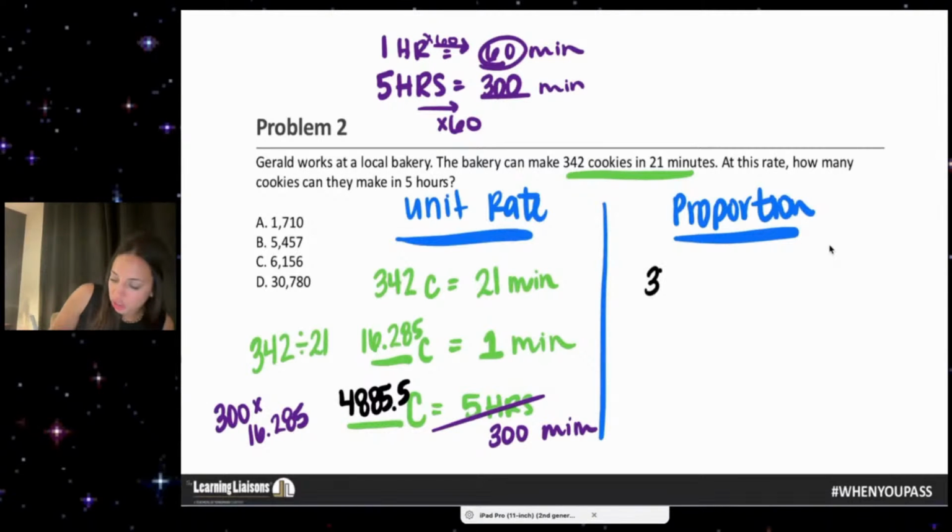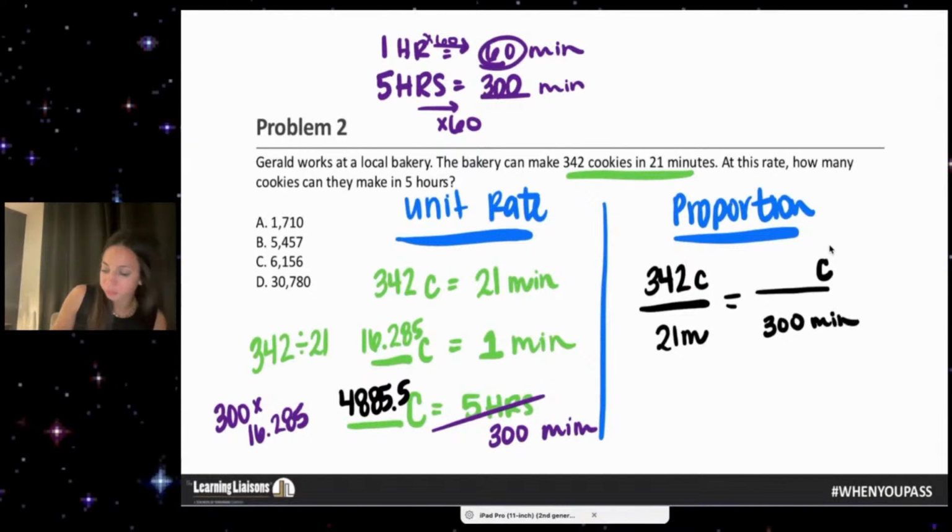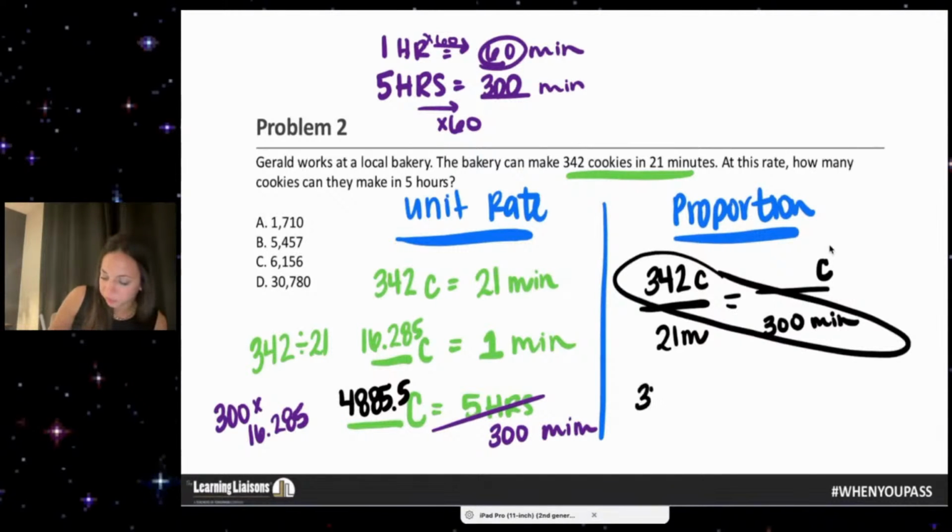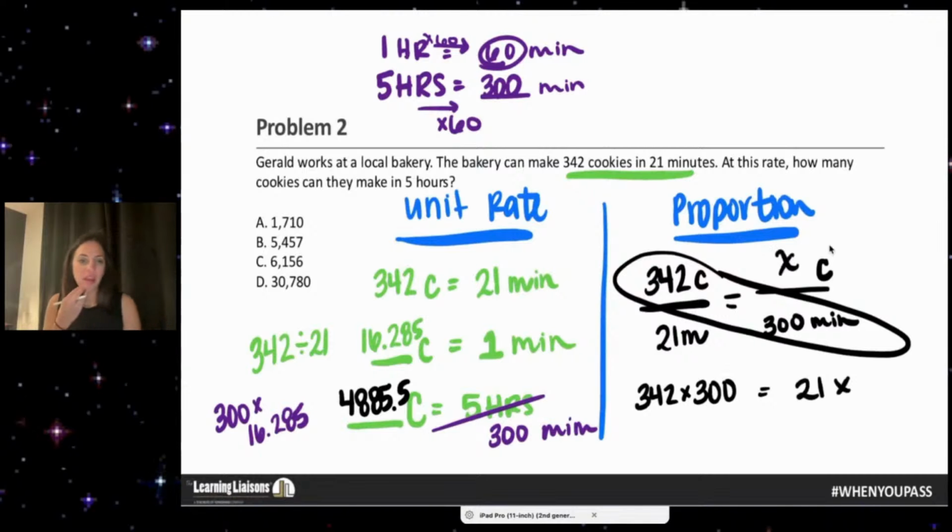So 342 cookies in 21 minutes equals X amount of cookies in 300 minutes. So I'm going to multiply 342 times 300. And that's going to equal 21x, because this is really what we're looking for, right?